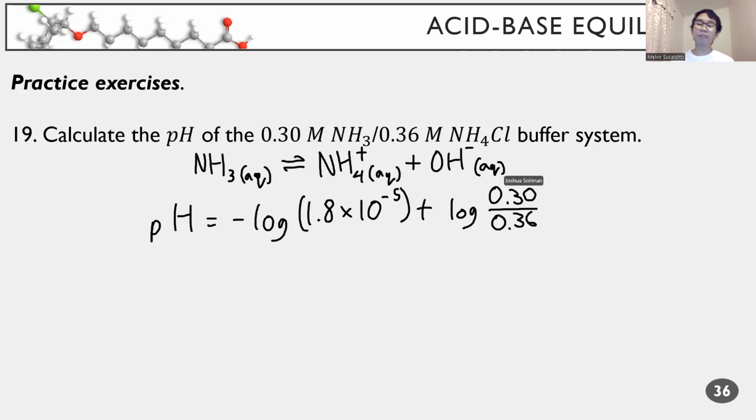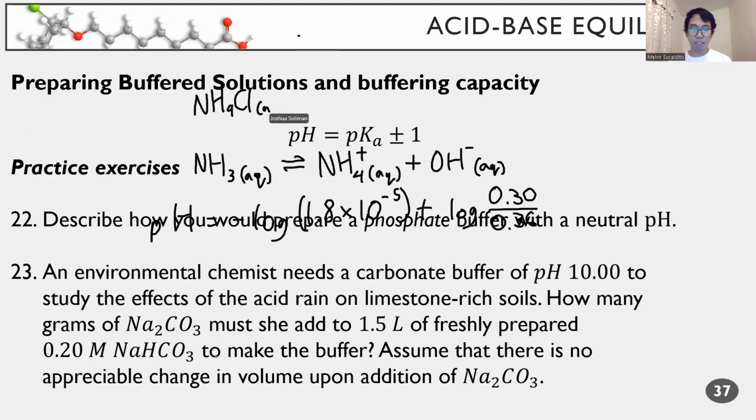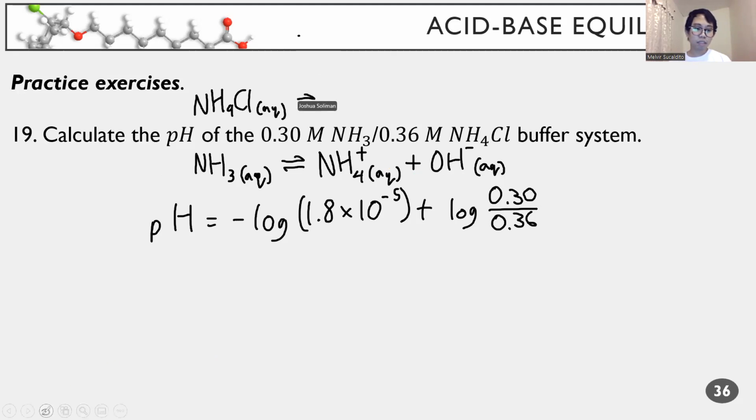Now, for that reaction, what you are producing is ammonium ion and hydroxide ion, right? And this equation has Kb and not Ka.